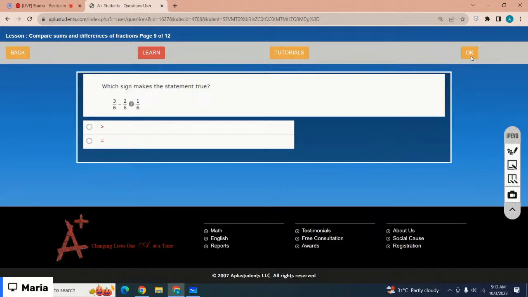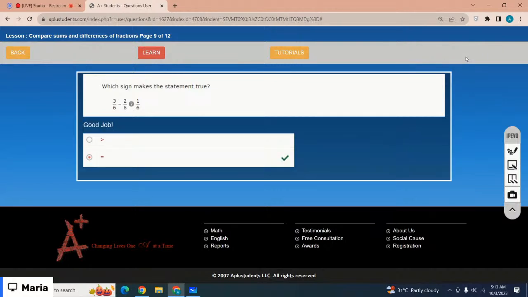They both are exactly equal because 3 minus 2 is 1, that would be 1 over 6. So they both are exactly equal, right?